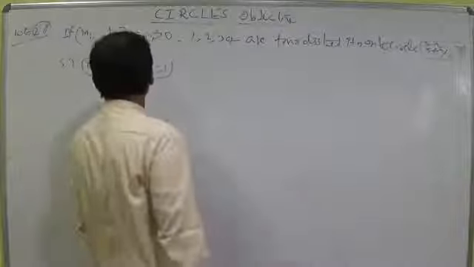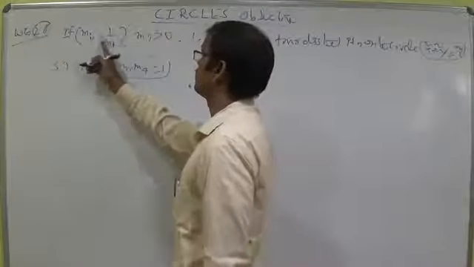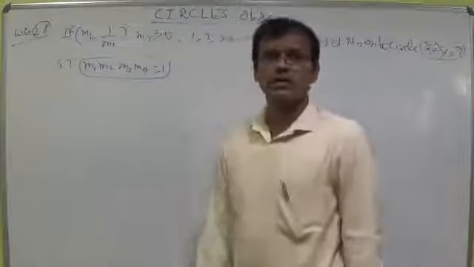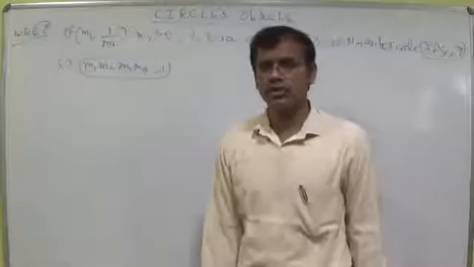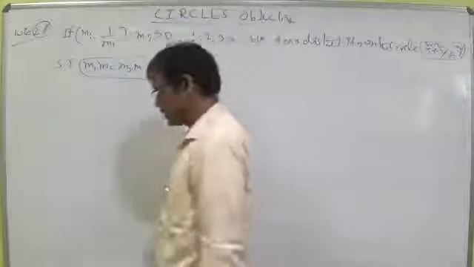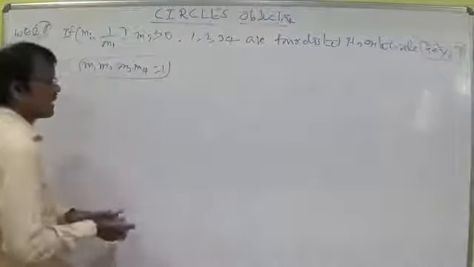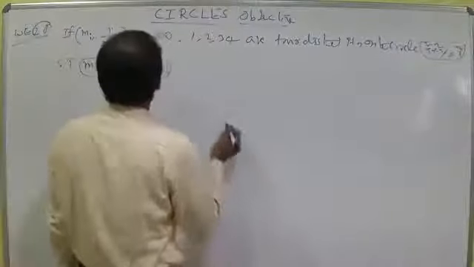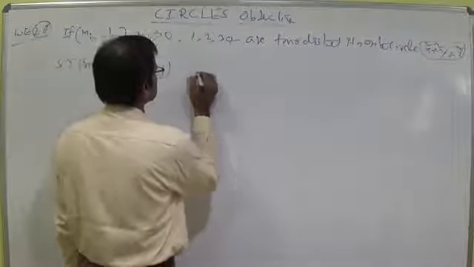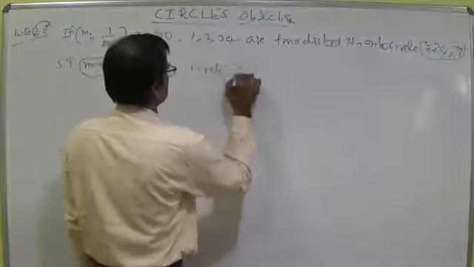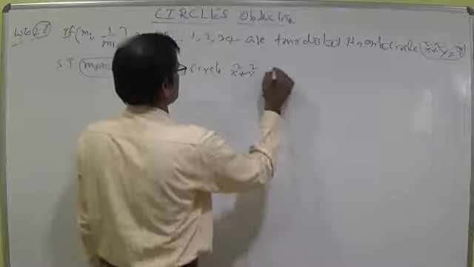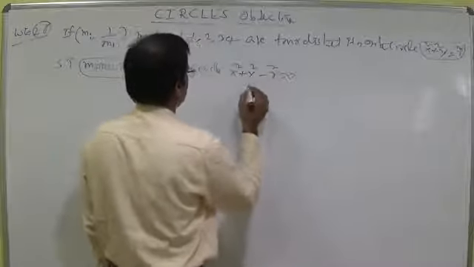Some staff members used to say the points (m1, 1/m1), (m2, 1/m2), (m3, 1/m3), (m4, 1/m4) satisfy the property. Now let us discuss the circle x square plus y square minus r square equal to 0.